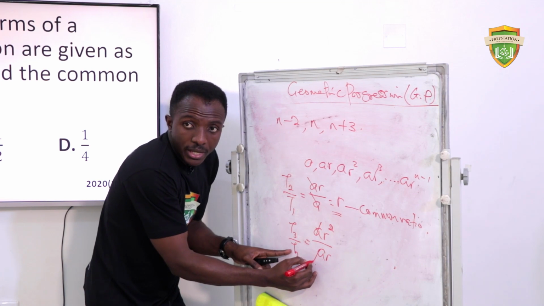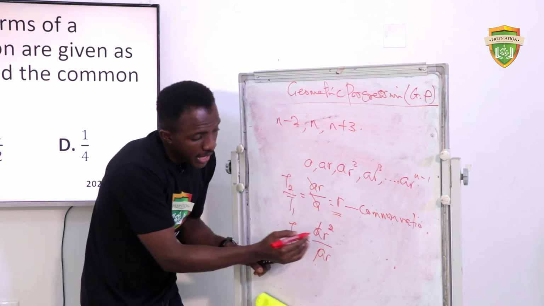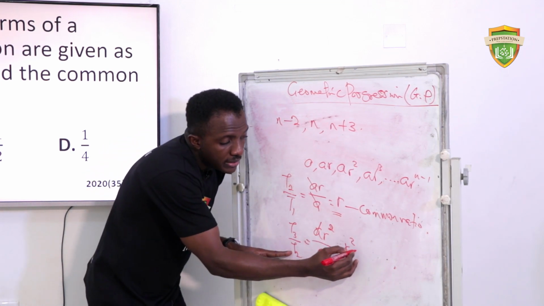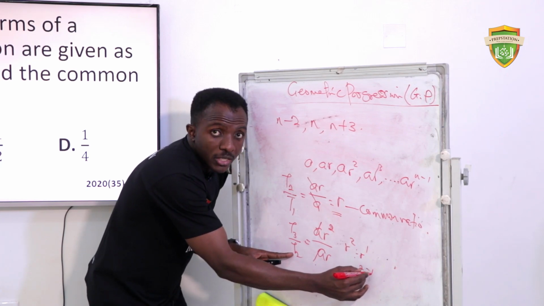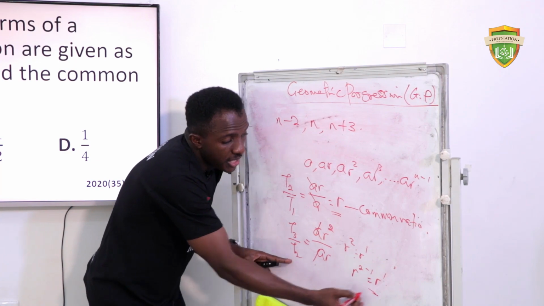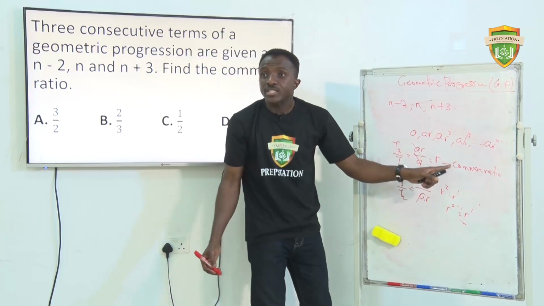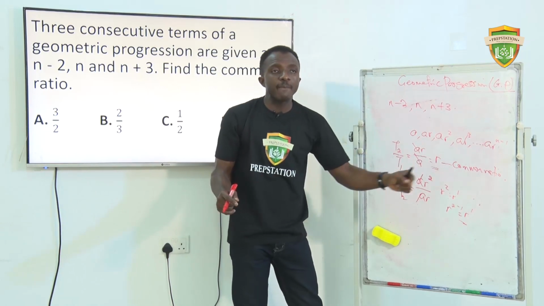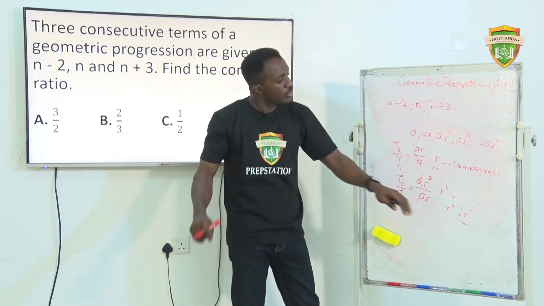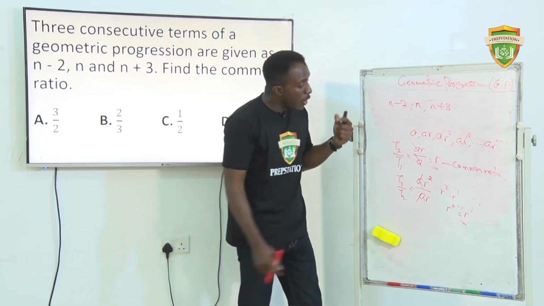A would cancel A. Remember our indices. R raised to power 2 divided by R raised by 1. Indices says R raised by 2 minus 1, which is R raised by 1. Can you see? The answer is still R. That's why it's called common ratio. If you divide a term by its previous term, you will keep getting the same result. So that ratio is called the common ratio.